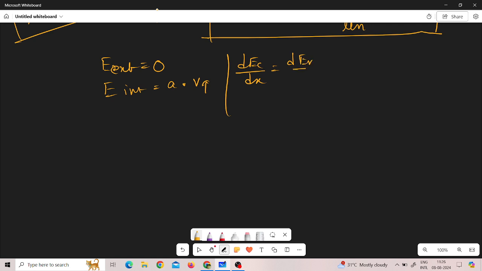So here the external electric field Ext is equal to 0, and the internal electric field, which is the built-in electric field, which is A Vt. We know that dEC by dx, dEV by dx is equal to dEFi by dx is equal to Q into E net.